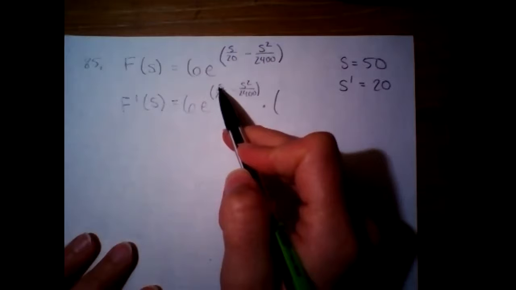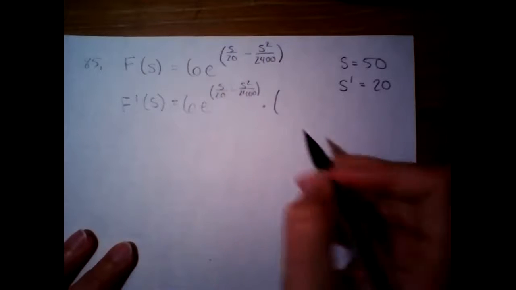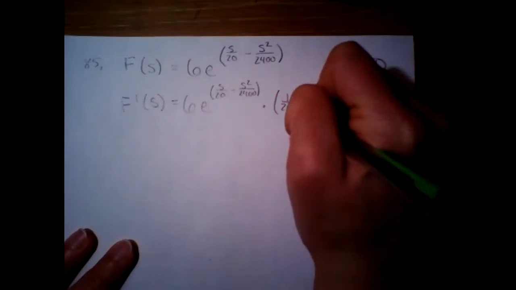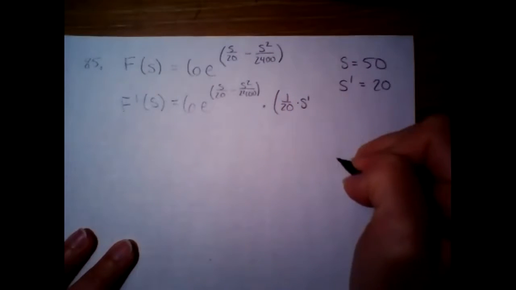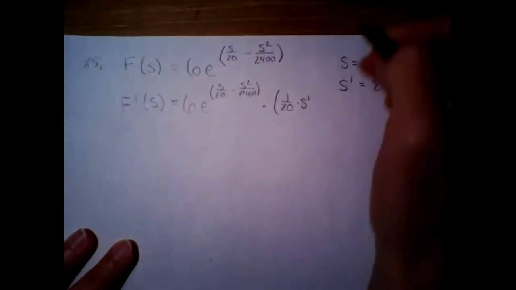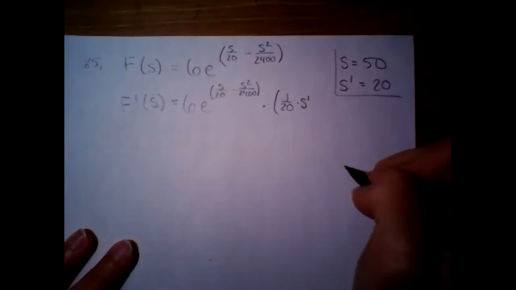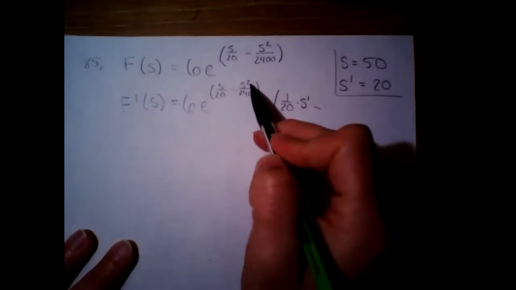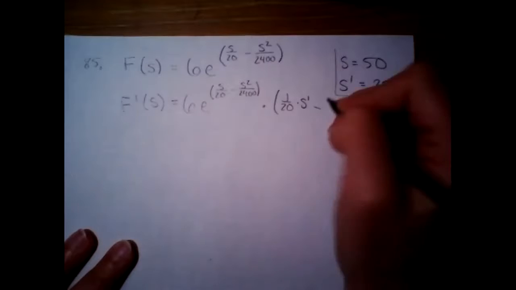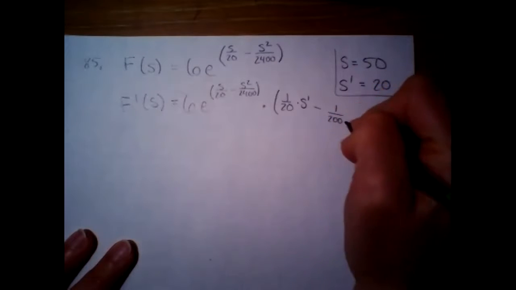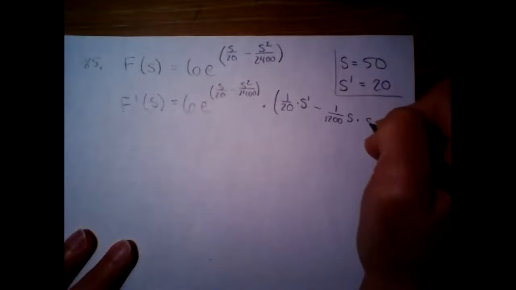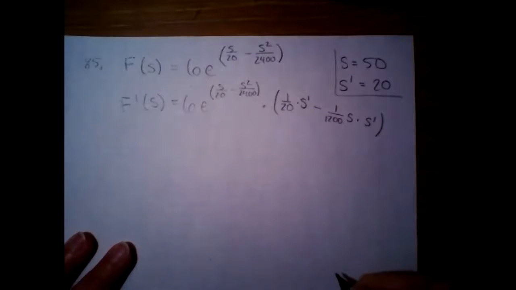So for S over 20, you could think of that as 1/20th S. That's going to be 1/20th and then times S prime, the derivative of S. And sorry, this is going to get kind of around the corner here because I wrote the information off to the side. All right, minus, now when we bring down the 2, you'd have 2 over 2400. So that would be 1 over 1200 S and then times S prime.